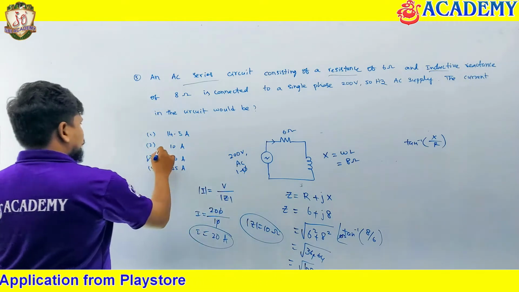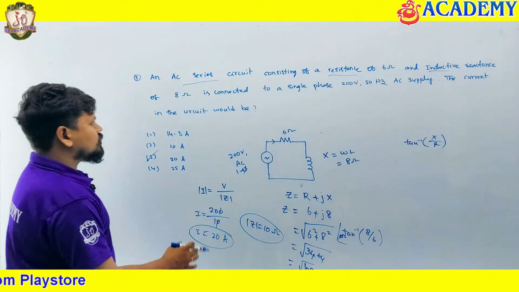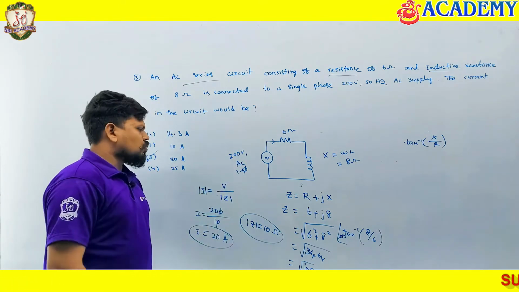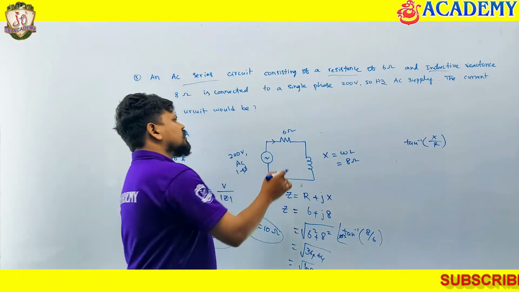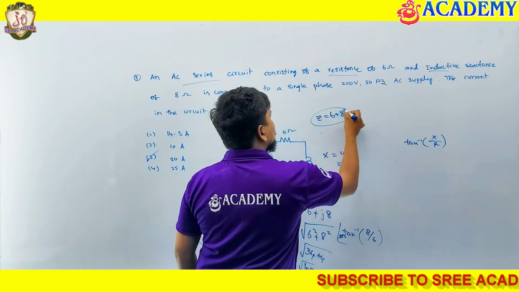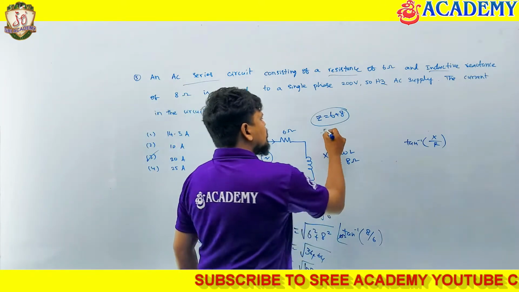That is the current, understanding, right? 20 amperes will be the current, but some students may get confused somehow, okay. I will tell you, this is 200 volts, there is no problem, but if they consider the total impedance as nothing but 6 plus 8, like this, okay, what is the impedance?